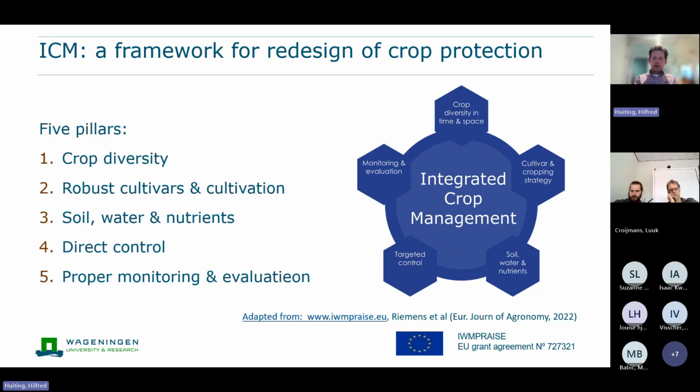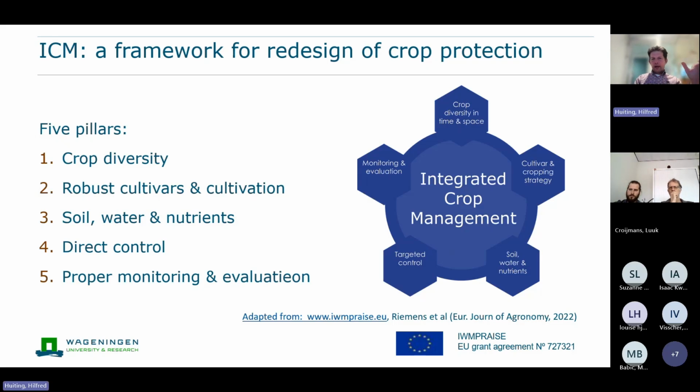And the same goes for the influence of soil type, soil quality, soil condition, if you will. And also, of course, targeted control is part of your approach, and then you end with monitoring and evaluation again, which closes the circle.